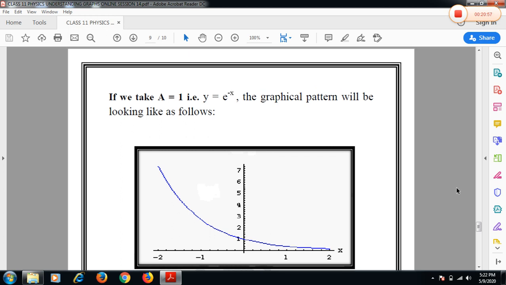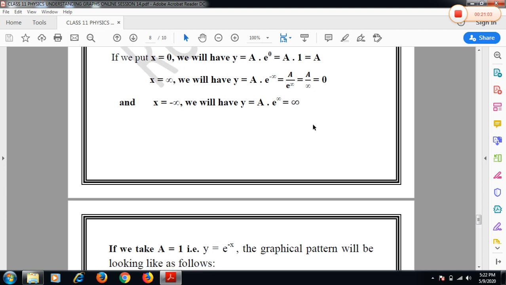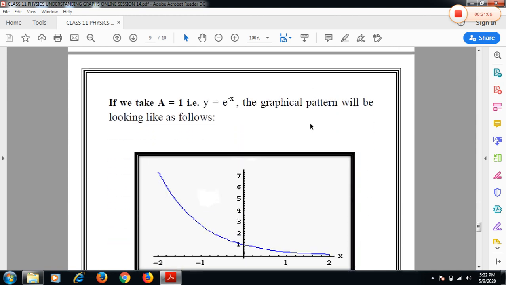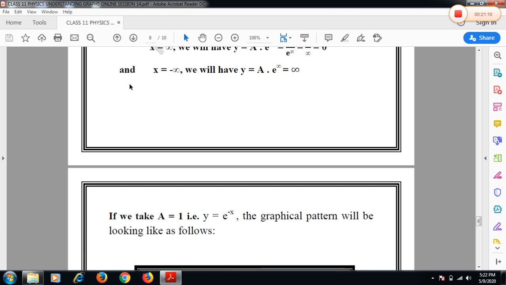At x equals minus infinity, the graph will merge with infinity. It will have an infinitely large value at x equals minus infinity. See, at x equals minus infinity, we have y equals infinity.